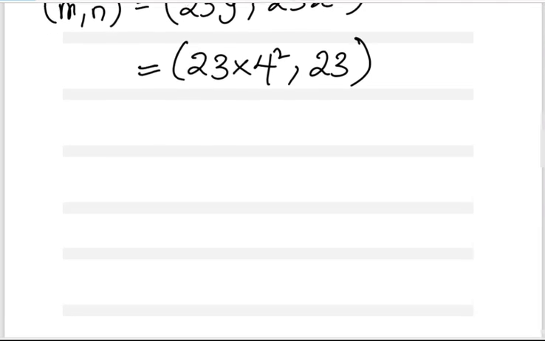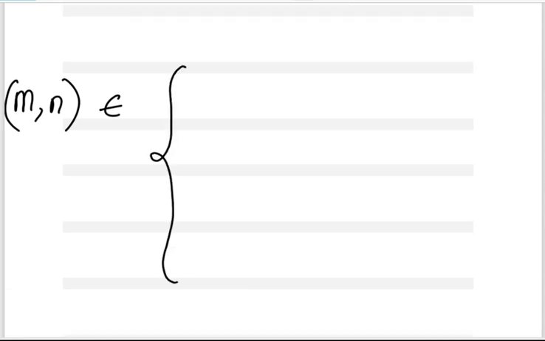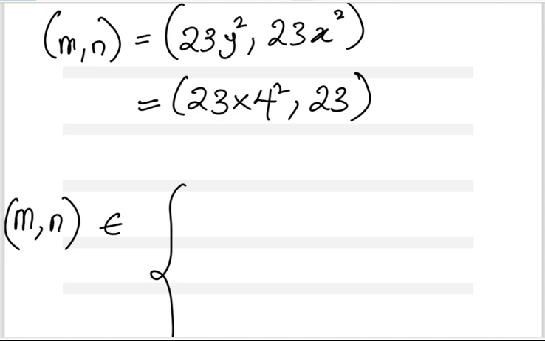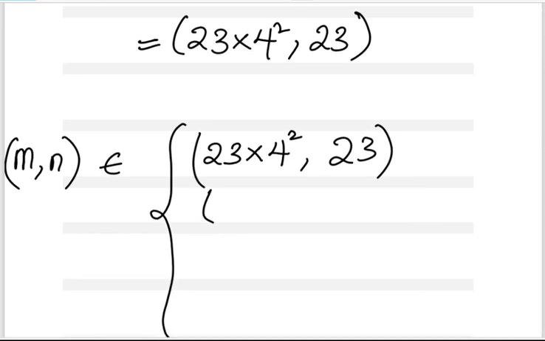So let's make a bigger set. So m comma n, the solutions, will be in this set. We've already found the first one, 23 times 4 squared comma 23. This is the first solution. The next is going to be 23 times 3 squared comma 23 times 2 squared.